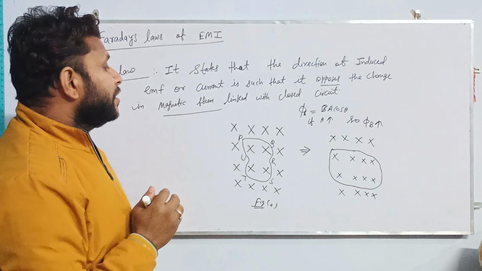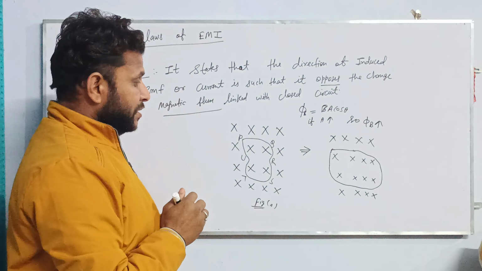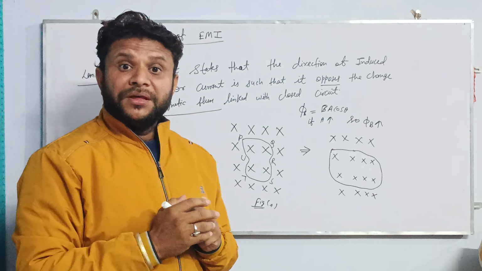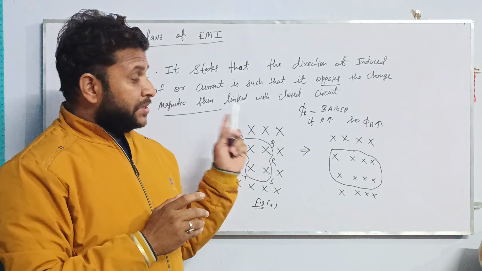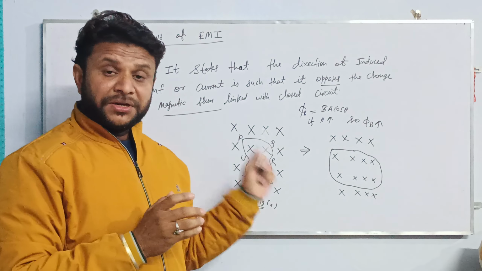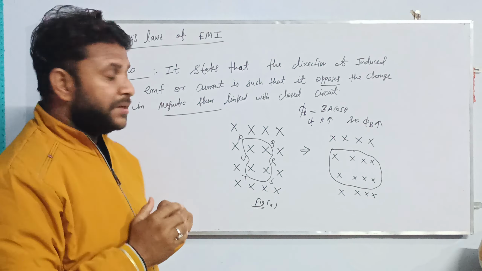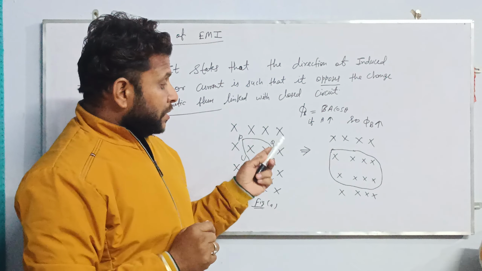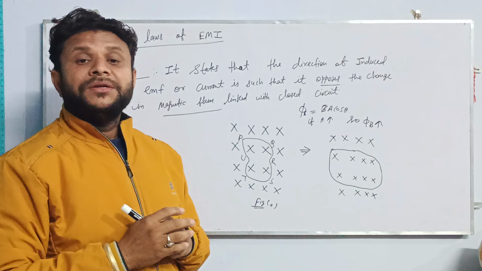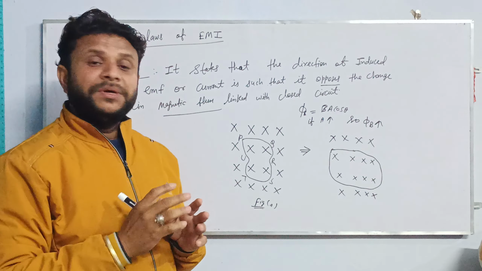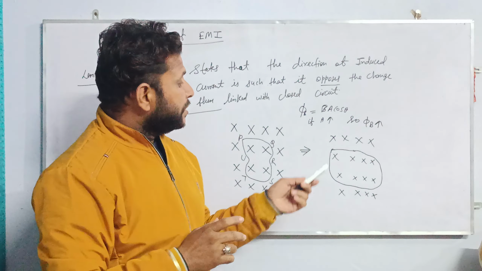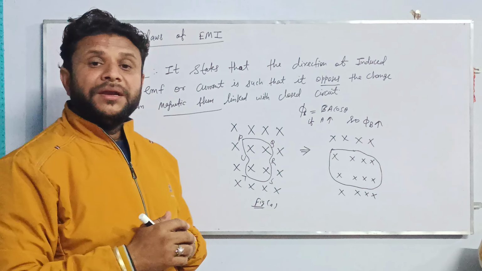According to Lenz law, the current direction should be in this way, that it should decrease the magnetic flux. So the direction of the induced current should be in this way, that it should decrease the magnetic flux.